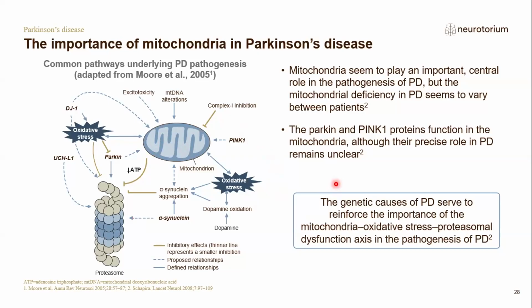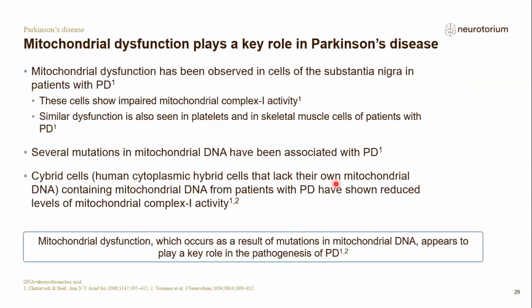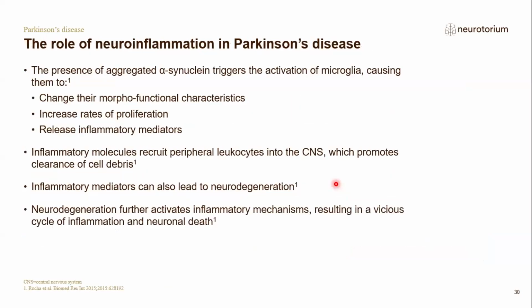That needs to be understood better. Again, this is just to emphasize what I already explained. And of course, mitochondrial dysfunction happens when you have mutations in the mitochondrial DNA, which affects the functionality of the mitochondria, as we all know. And in turn, it contributes to the pathogenesis.